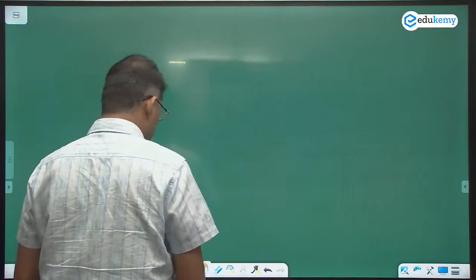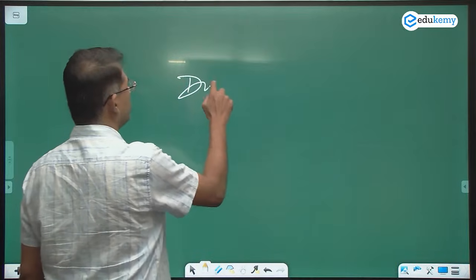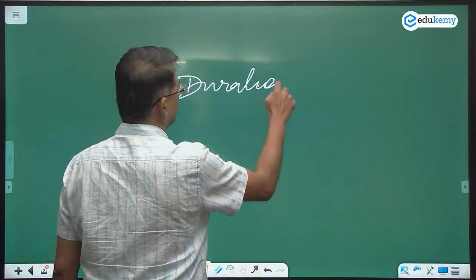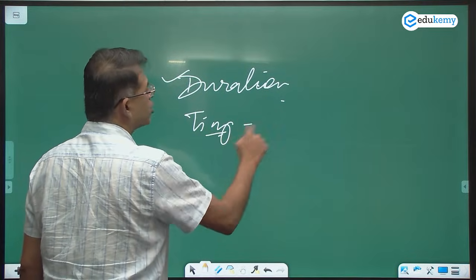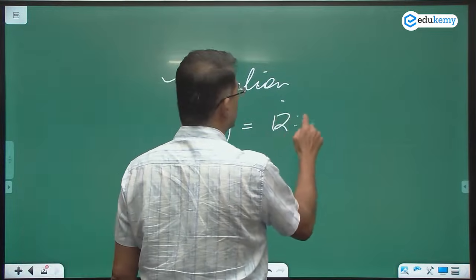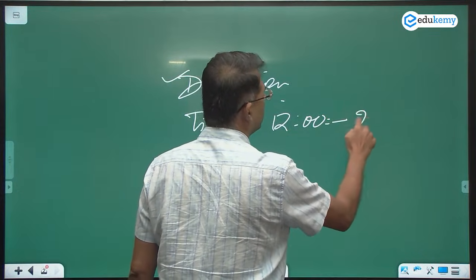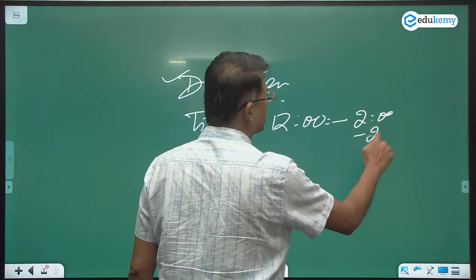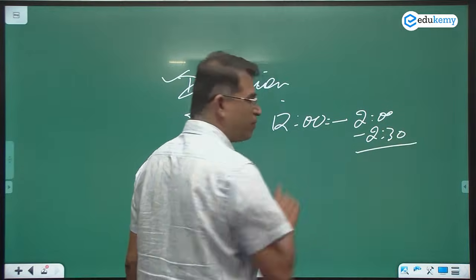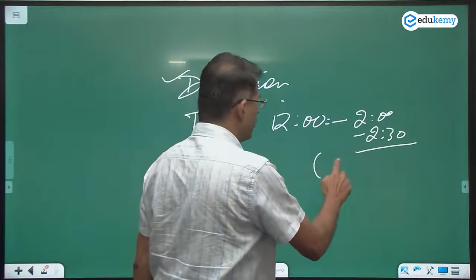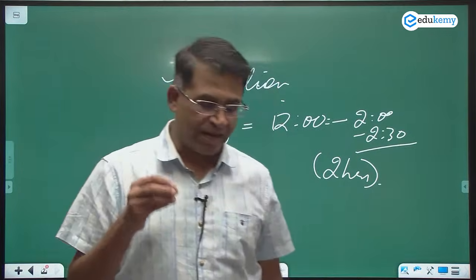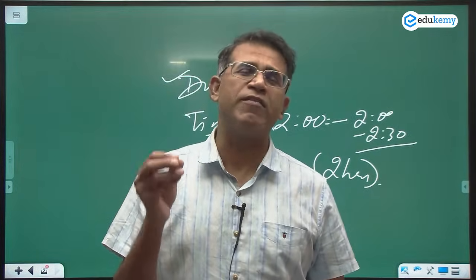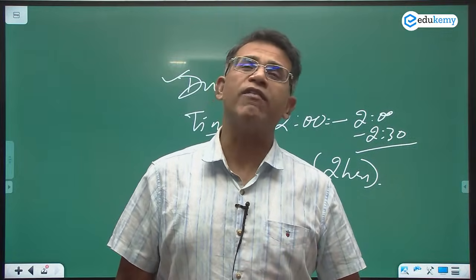Now the timings will be from 12 till 2, but I sometimes also extend till 2:30. Effectively, we will have 2 hours of classes, but I spend 15-20 minutes every day revising what I have taught earlier.